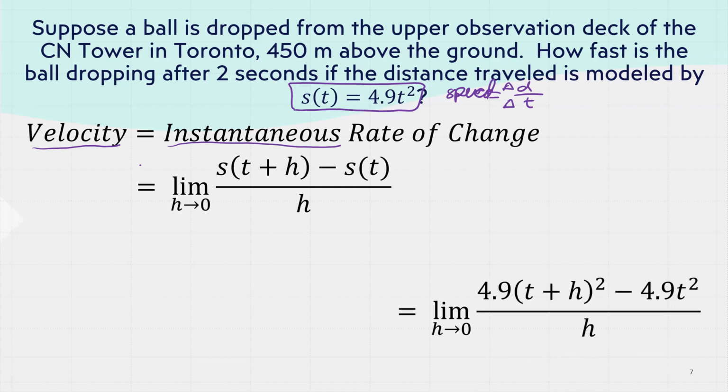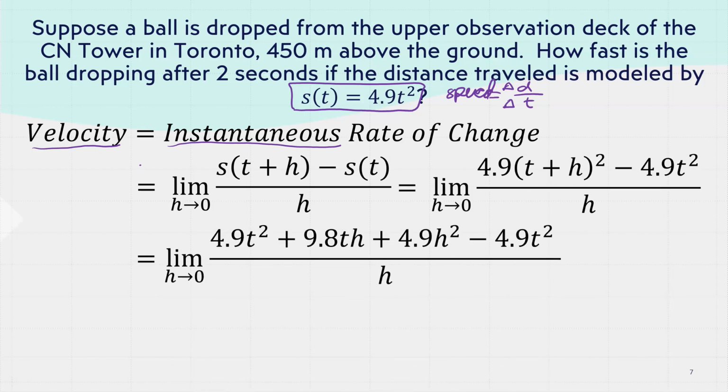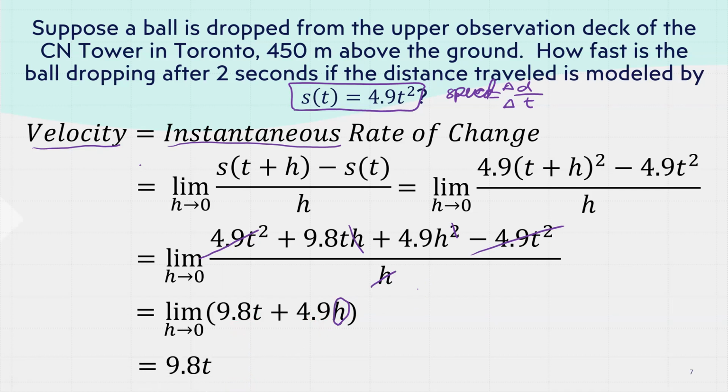Okay, do a little substitution, a little bit of algebra, and we can see that this right here is gone, right? Everything has an h in it, so you divide everything by h and you will get that. The t is gone. And then when h goes to 0, 0 times 4.9 is going to be 0. So you'll have just 9.8 times t.